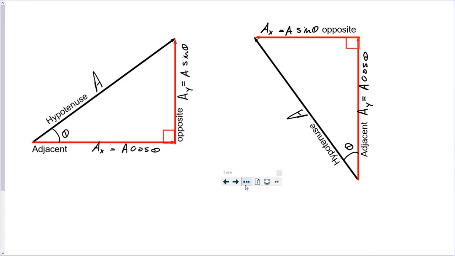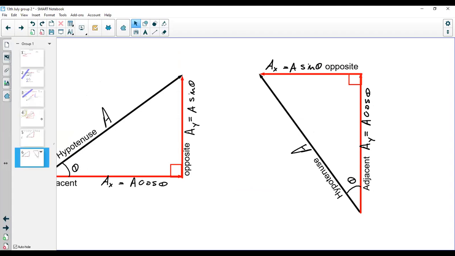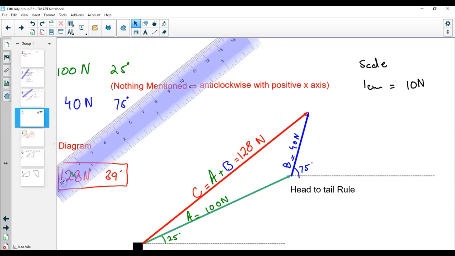So I picked the vector diagram which we had earlier, which we have solved, and we have the answer. The vector diagram which we have added is this. I just cloned that page and put it at the end.